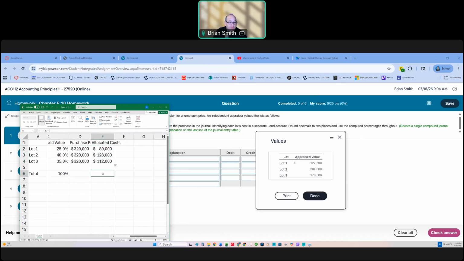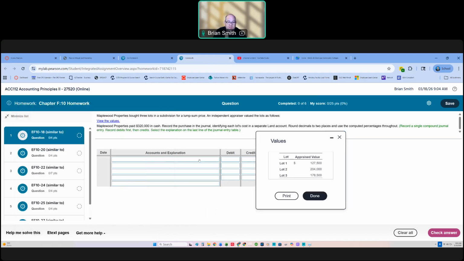And then we've got to make sure that all of these equal 320,000, and it does. So we're going to allocate 25% of the cost to lot 1, which is 80,000, 128,000 to lot 2, and 112,000 to lot 3.